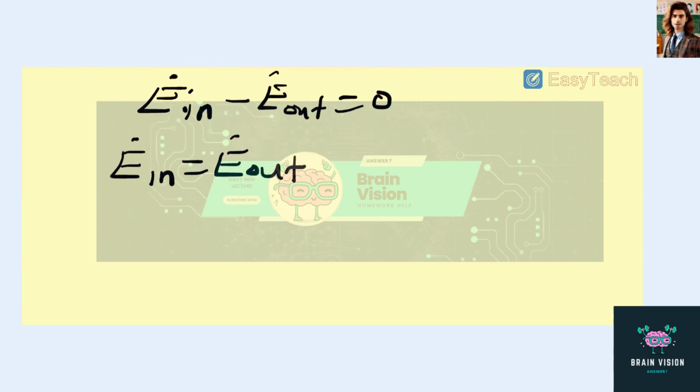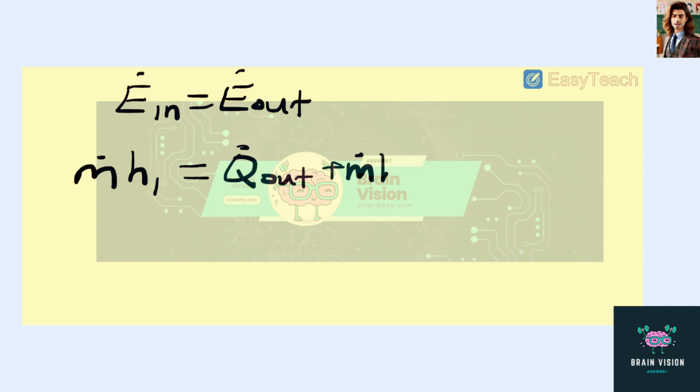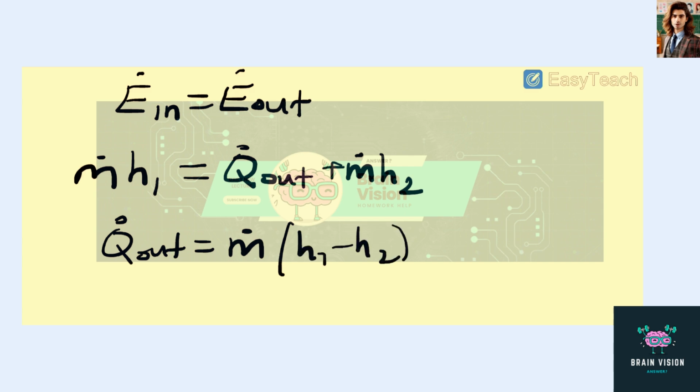Now we can break apart these two values into their constituents and say that E dot in is just m dot times H1, and that's equal to the heat that is removed from the eggs plus the enthalpy that is exiting the system. We can solve for Q out, and that's going to be equal to m dot times H1 minus H2.